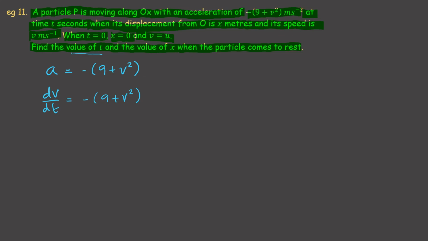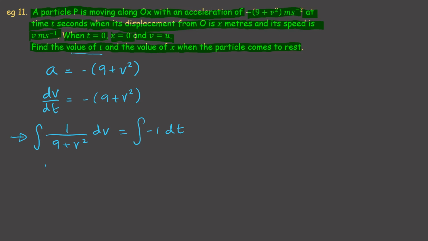Separate and integrate. The integral of 1 over 9 plus v squared dv is equal to the integral of negative 1 dt. Now, this integral here can be done by substitution. You should actually have done this one, and you can always go back and verify.